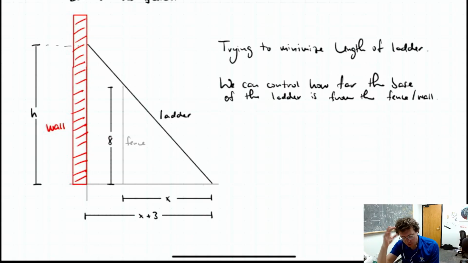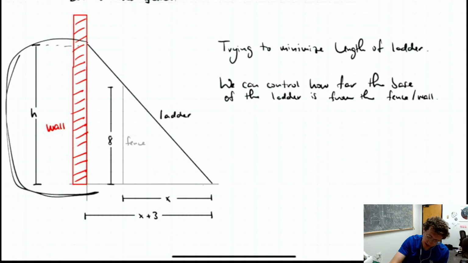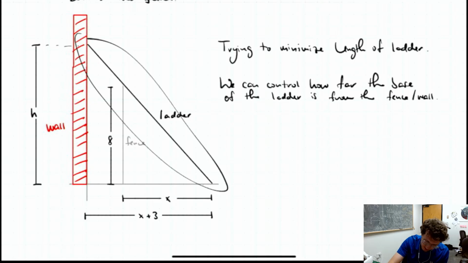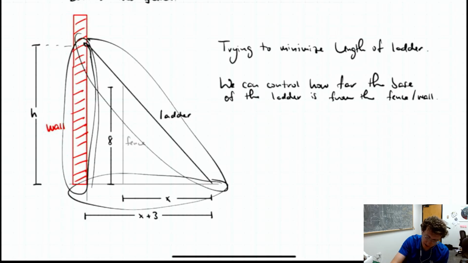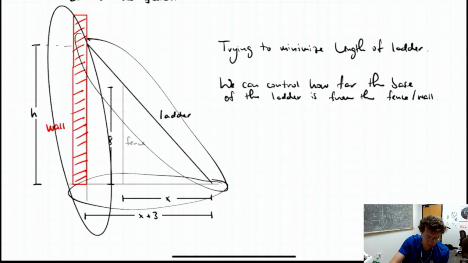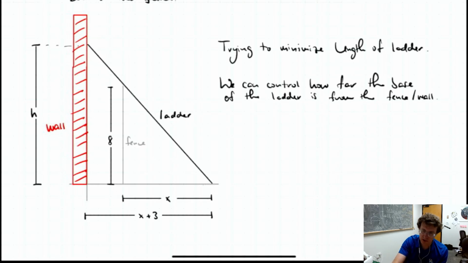But it might be helpful to label this h for now. And I hope you see how I came to the realization that I should label this. It's because I'm trying to find the length, which is this, and I see a right triangle, and I think Pythagorean theorem. This side is going to be important. Okay.